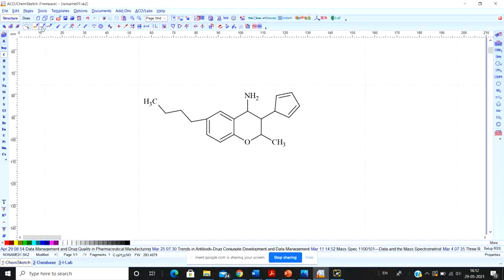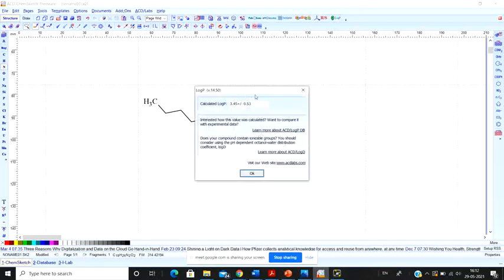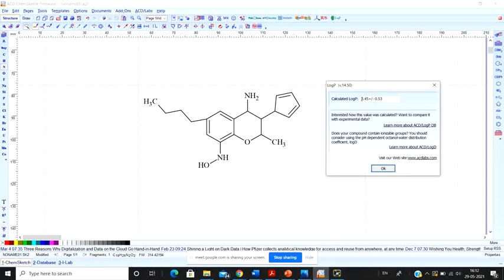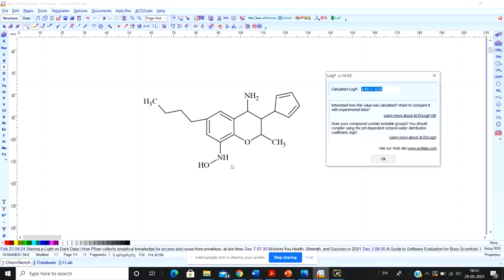See, if I add another group here, suppose I add an OH group here, and I add an NH group here. Now I will calculate the log P value. Now see, the log P value has changed to 3.45 because it is much more solubilized in water.